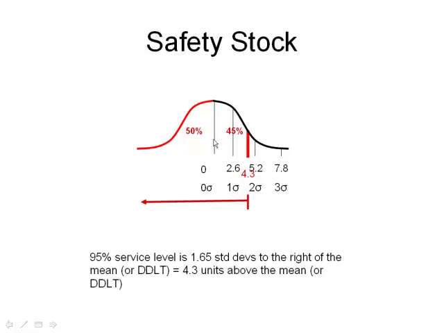So in other words, the distance here from the mean to this red line is 1.65 standard deviations. So we want to know what's 1.65 standard deviations in units. Well, if one standard deviation was 2.6, we just multiply 1.65 by 2.6, and we realize that this is 4.3 units above the mean, as it shows here in red, and that's our safety stock.